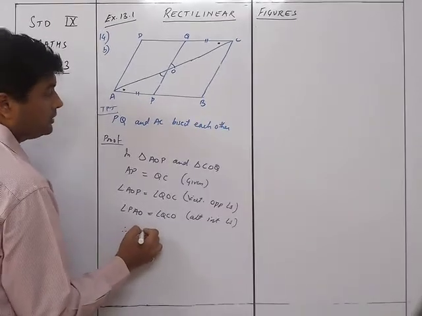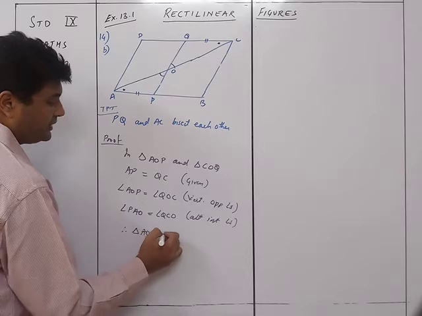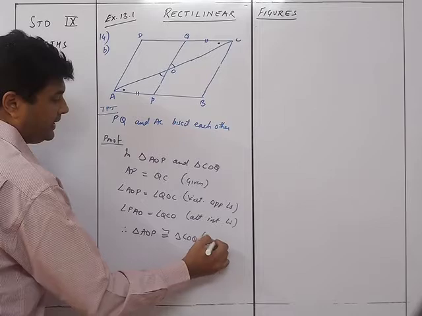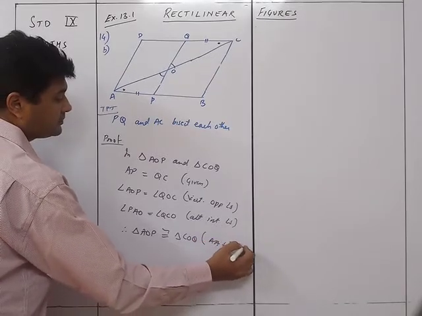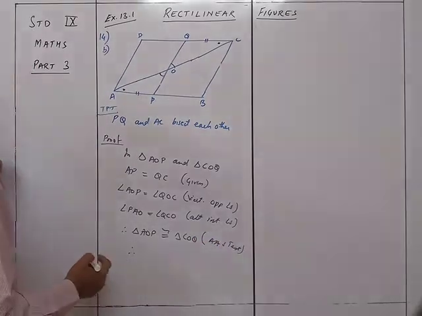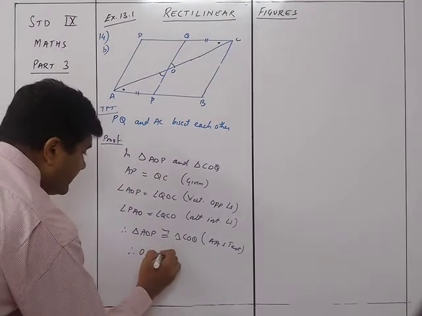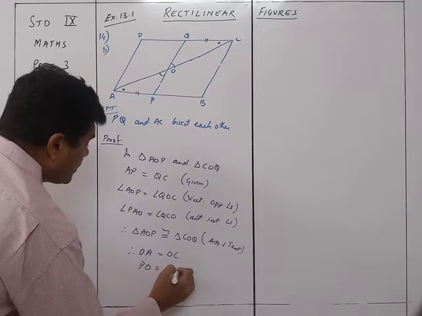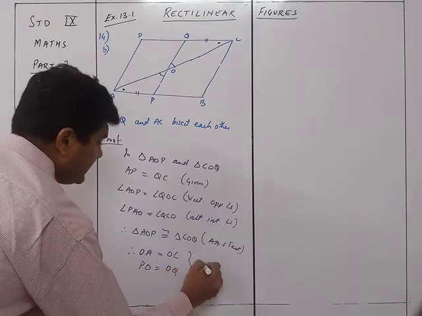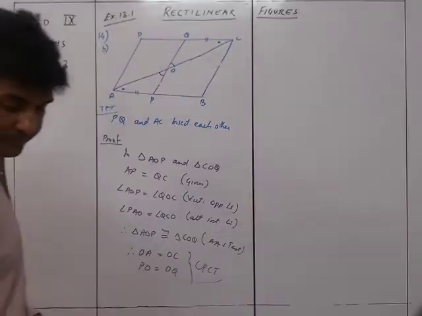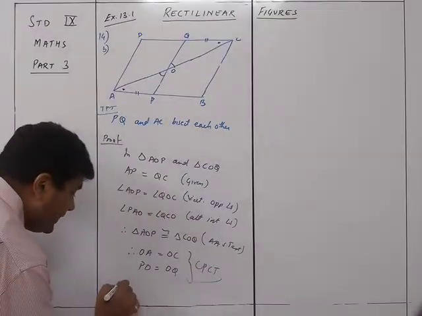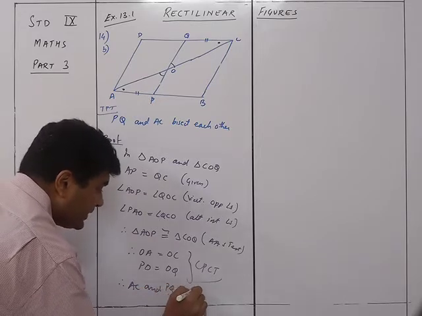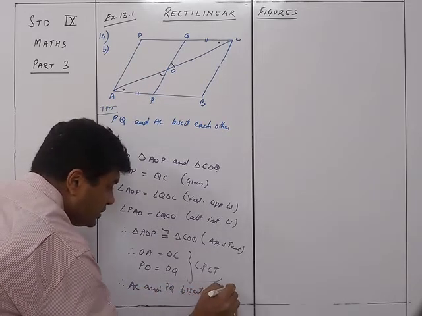Therefore, triangle AOP is congruent to triangle COQ by AAS test. Therefore, we have OA is equal to OC and PO is equal to OQ, both by CPCT, that was required. So therefore, AC and PQ bisect each other.